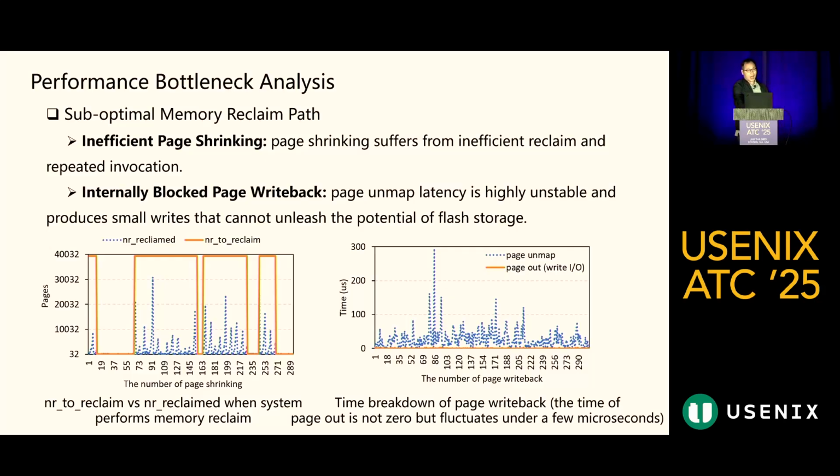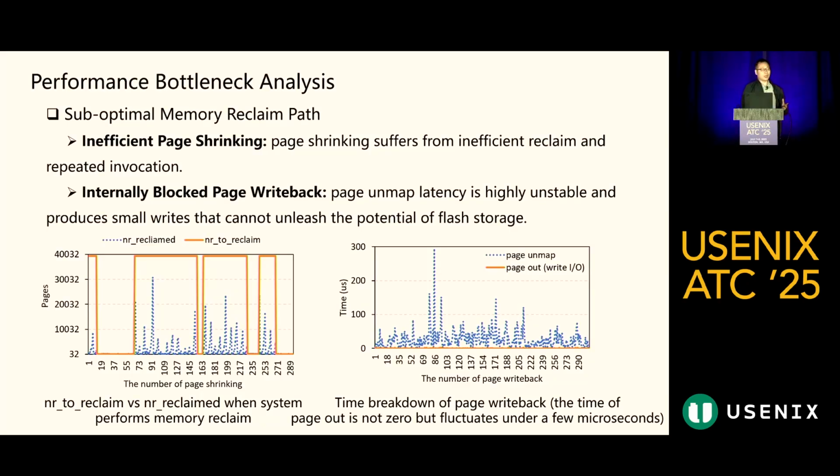So we further do experiments to understand what is the problem for the page shrinking and what is the problem for the page writeback. And we found that page shrinking is quite inefficient.